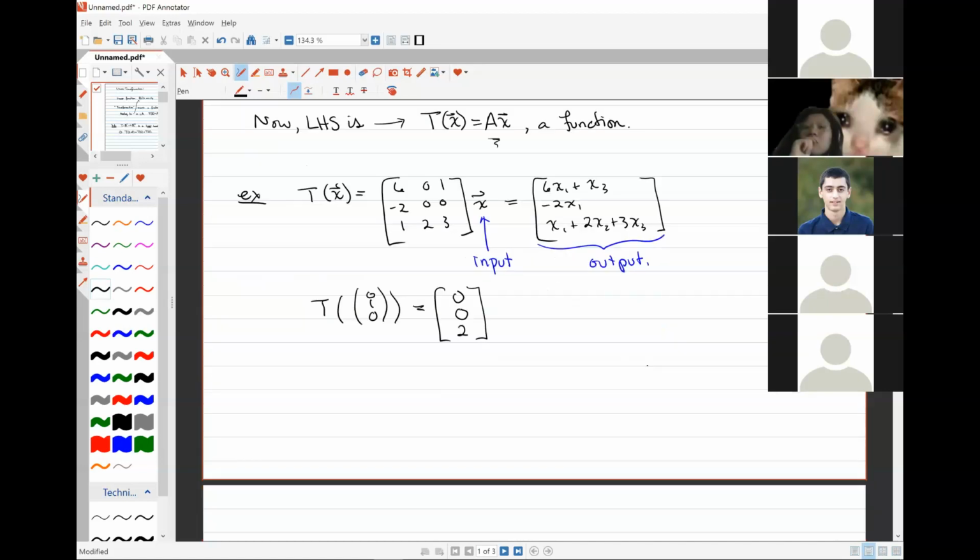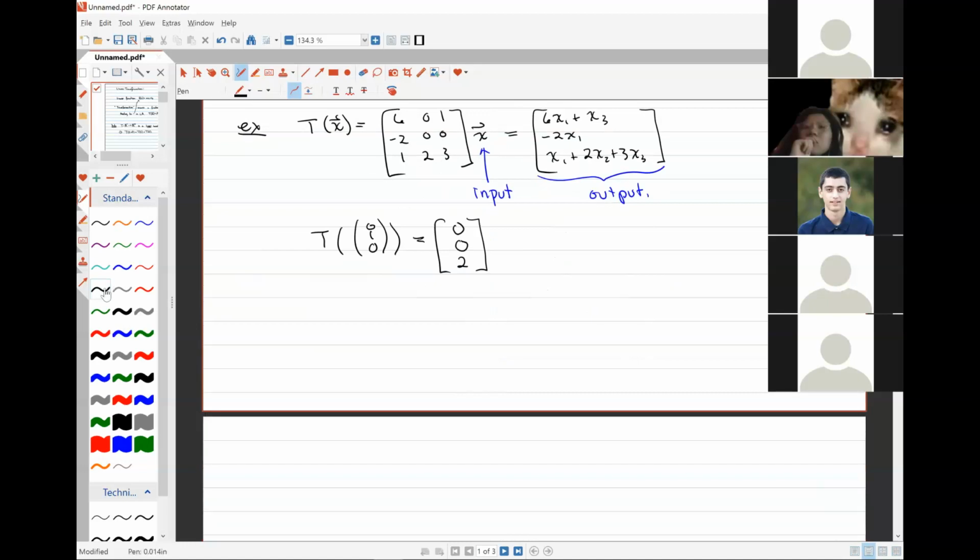And I can draw a picture of this, but it's not going to look like the kind of picture of a function that we would draw on the Cartesian plane, because even the input and output are already three-dimensional. So if I start by drawing my 0, 1, 0, and take the image of 0, 1, 0, it's 0, 0, 2.